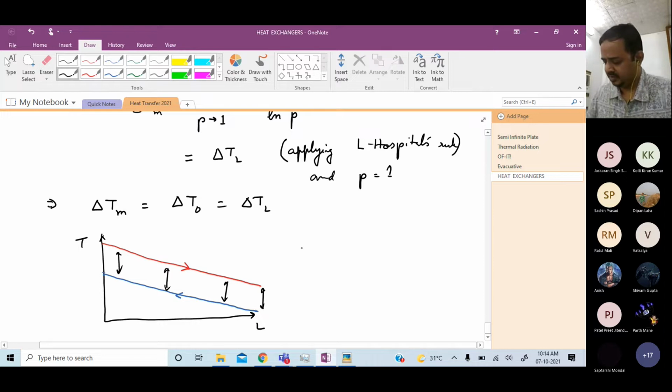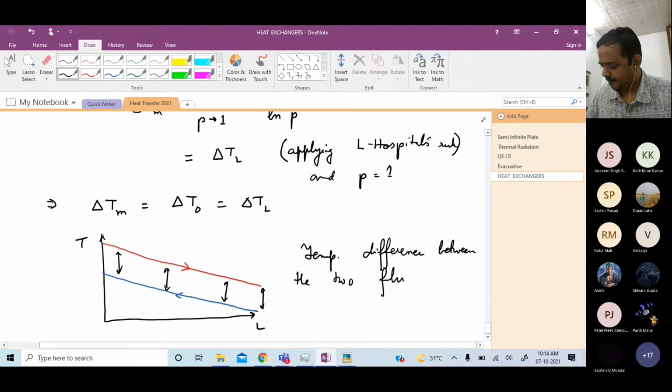So the temperature difference between the two fluids is constant. Basically, they are two parallel lines.